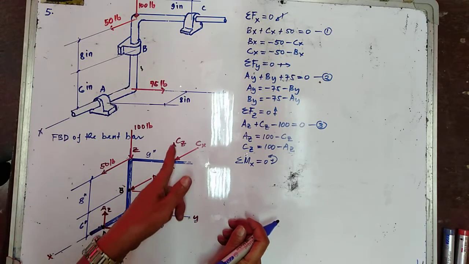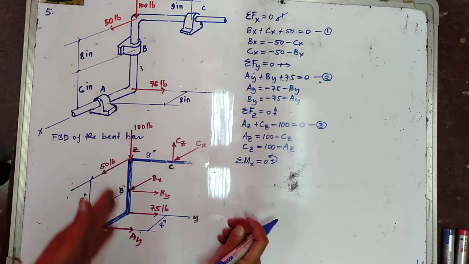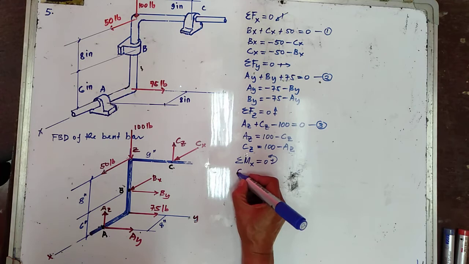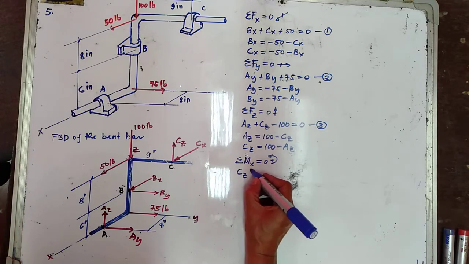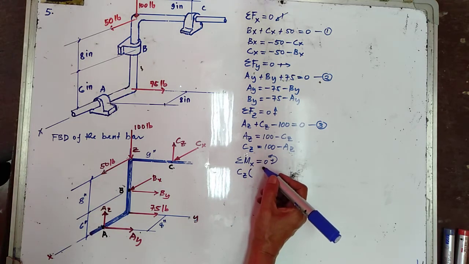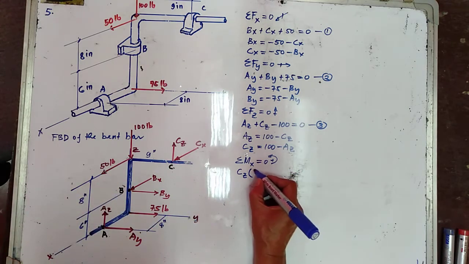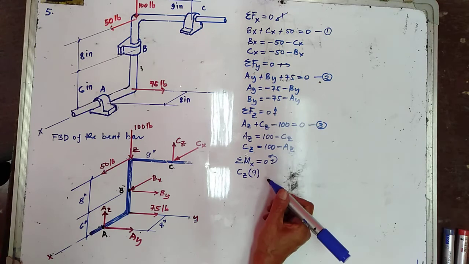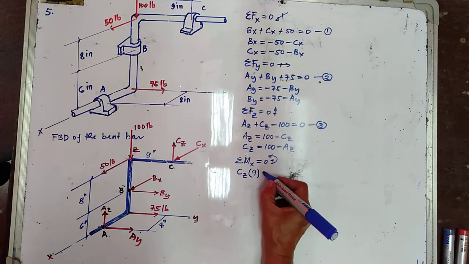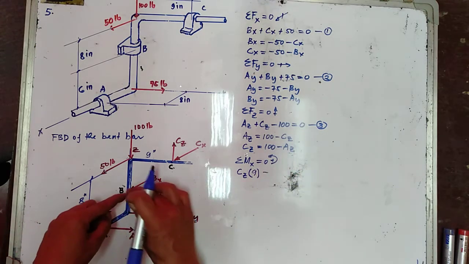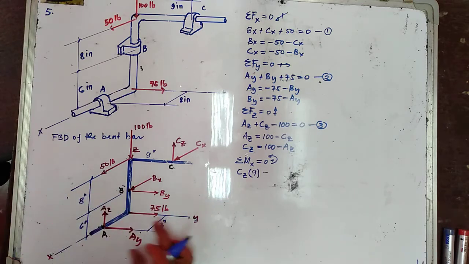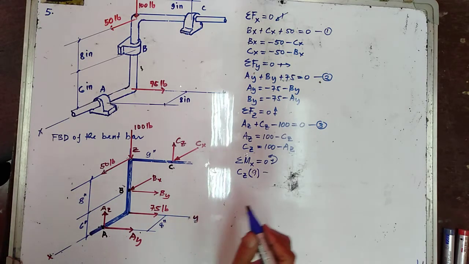So we have your CZ about the x-axis is going counterclockwise. CZ, the moment arm in here is equal to 9. So that is 9. And then minus, okay, your BY is now going clockwise about the x-axis.